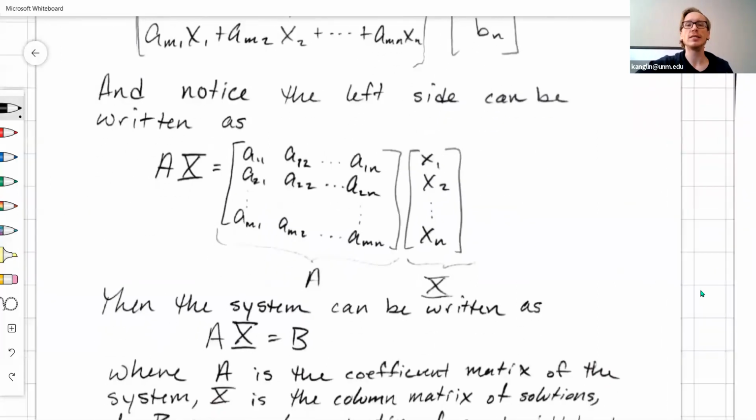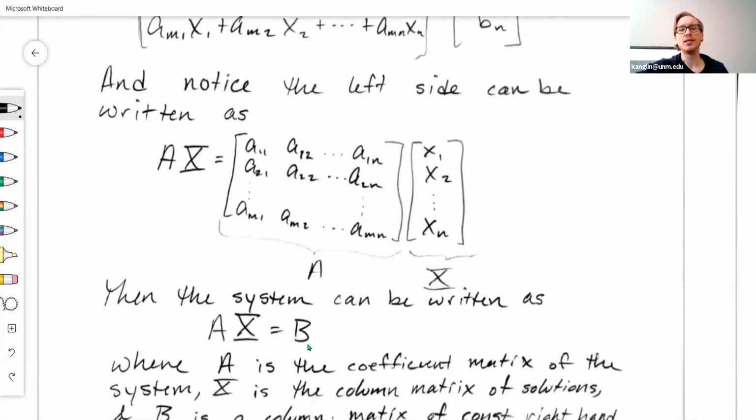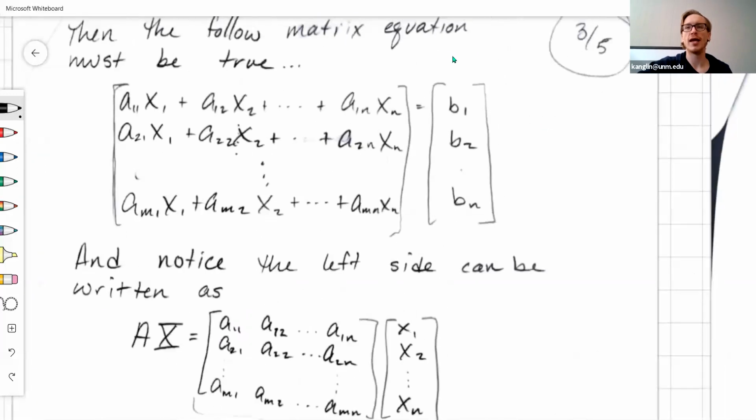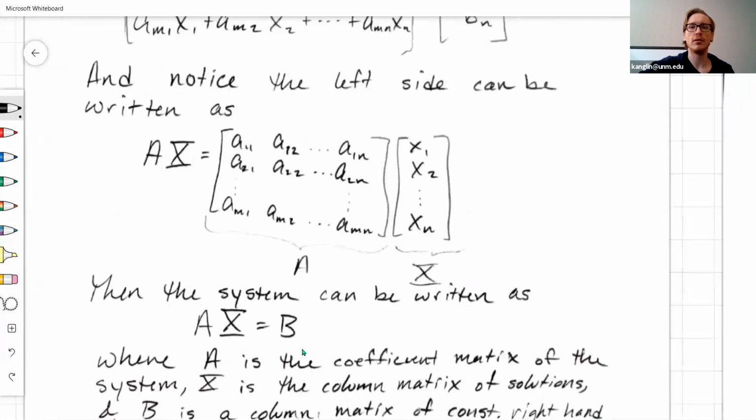We're going to write our original system as a simple matrix equation: A times X equals B, where B is this column of right-hand sides. We refer to it this way.